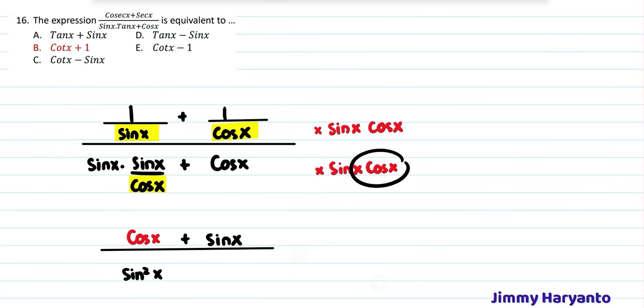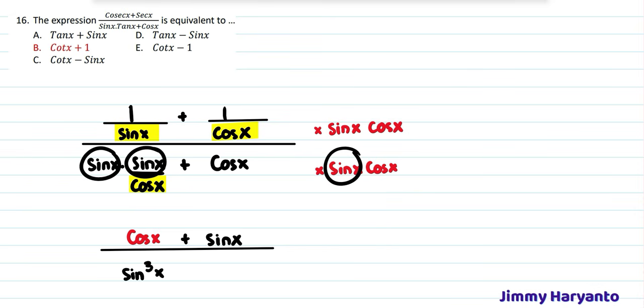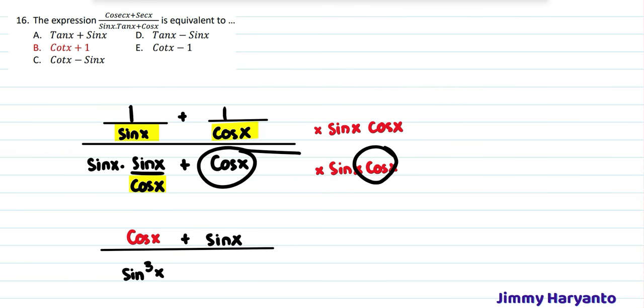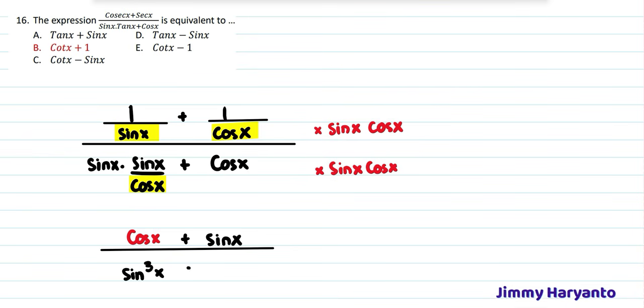That means we still have another sine right here, so it will become sine cube. Oh my god, there are so many sines. Okay, sine times sine will be sine cube. The cos will be eliminated like that. Next, you multiply this. You have sine x plus sine x cos square x.